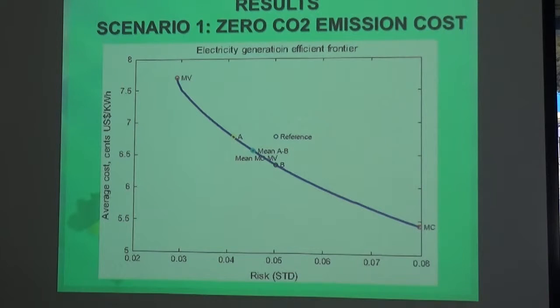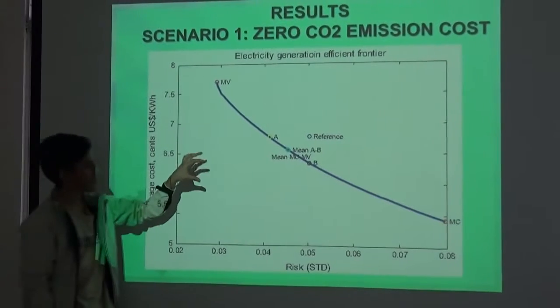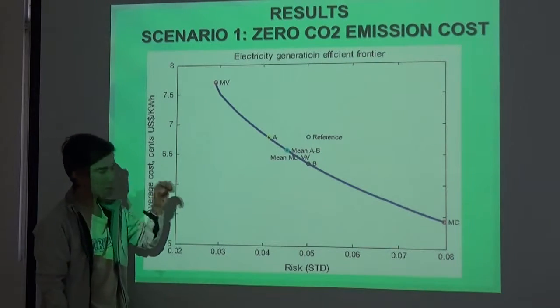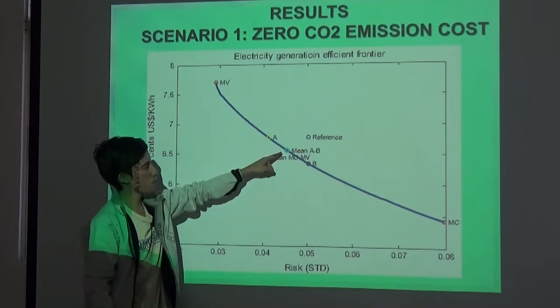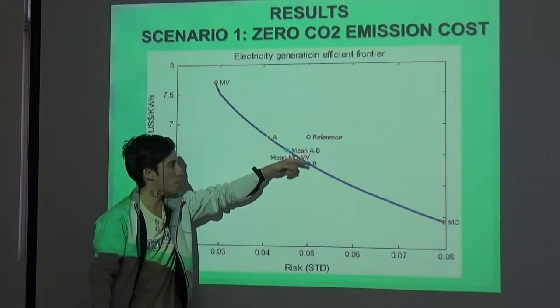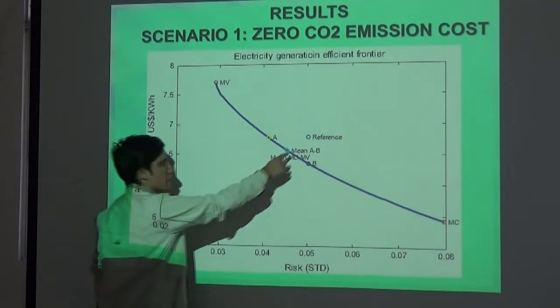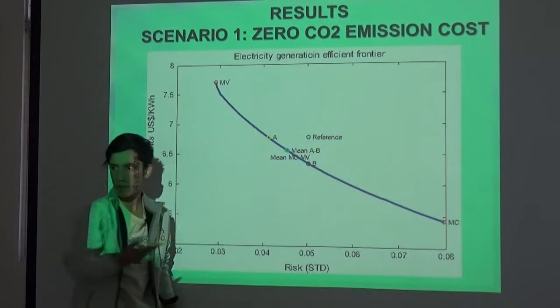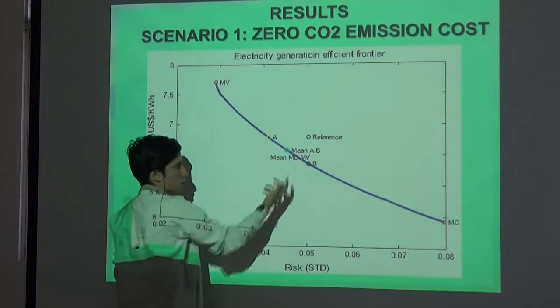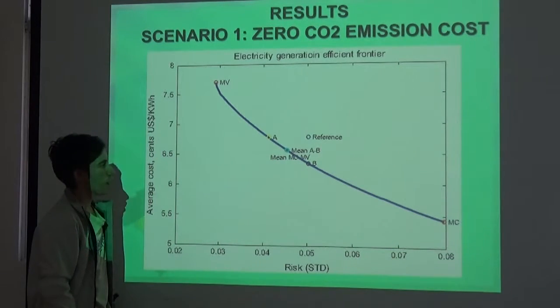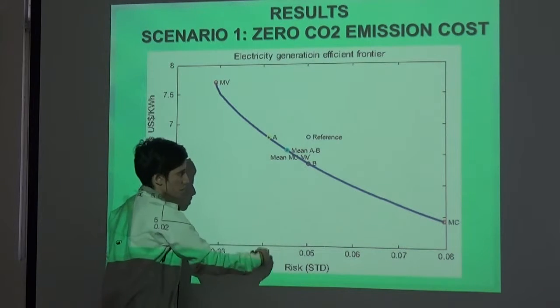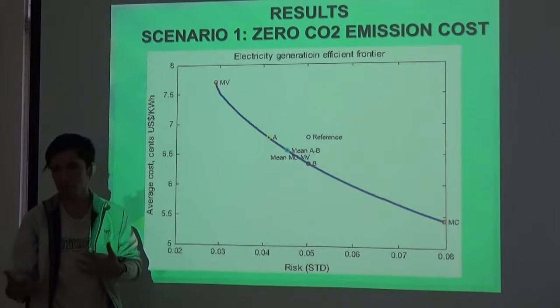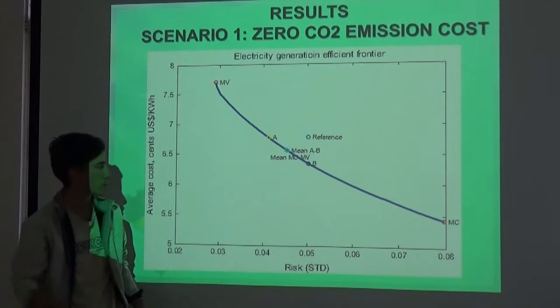And this is the efficient frontier. We need to learn here that this figure shows that the best performance in both dimensions is the mean between A and B. For example, the reference portfolio is the GPE. If I want to move it to point A, I can minimize the risk, but that is not the only option.